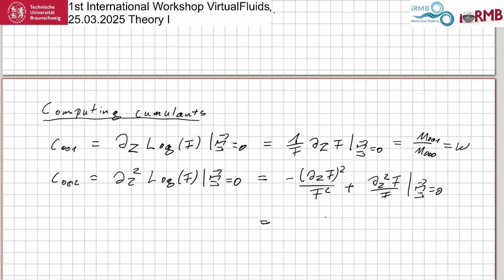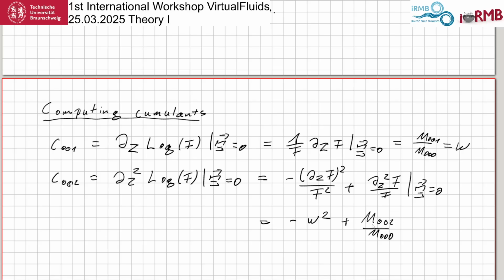Now what we have here is obviously minus m001 square divided by m000 square, so this is w square, plus what you have down here is m002 divided by m000.